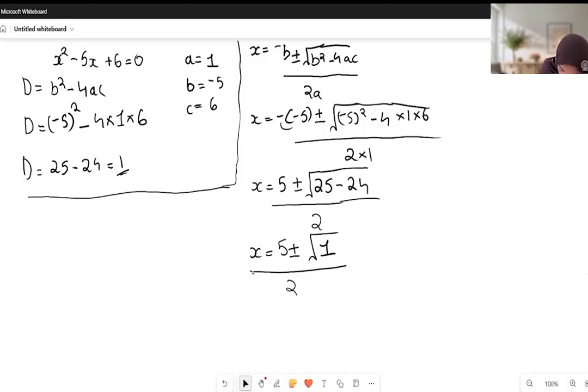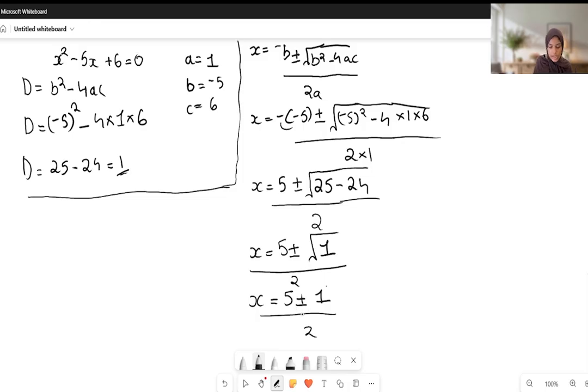Okay, now here x is equal to, as I told, plus or minus means we have to do both plus and minus. So 5 plus or minus the root of 1 is 1 by 2. Okay, we got plus or minus, so we have to do both. First of all, let's do plus.